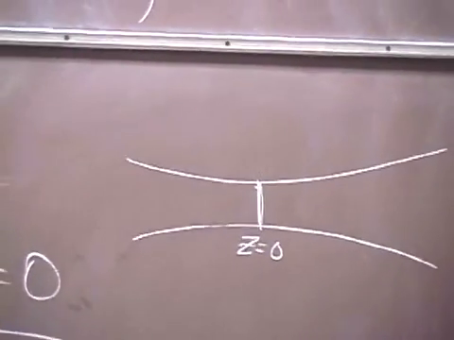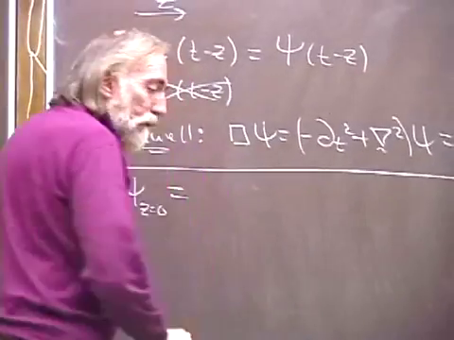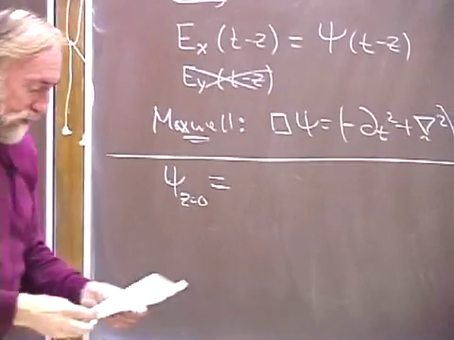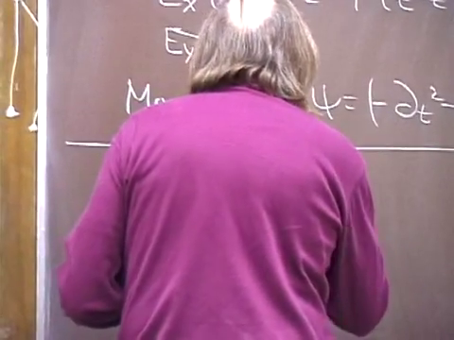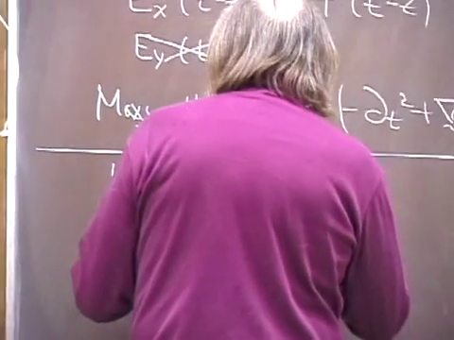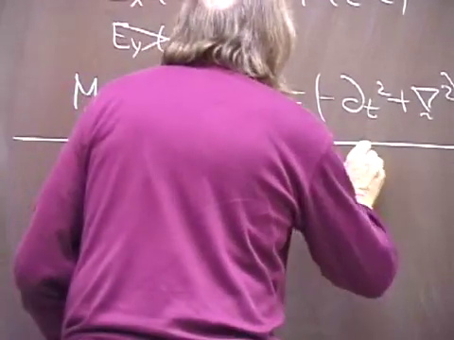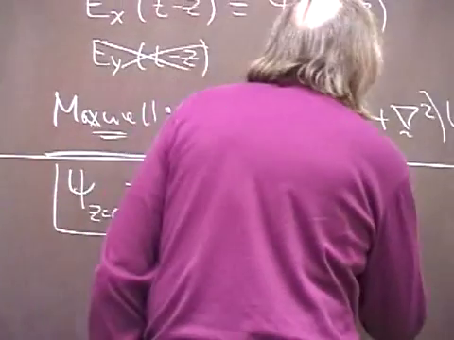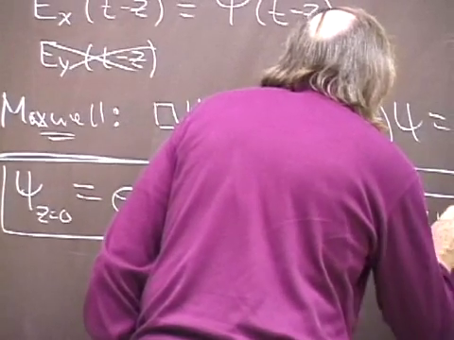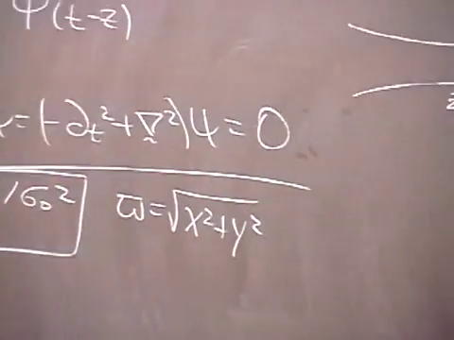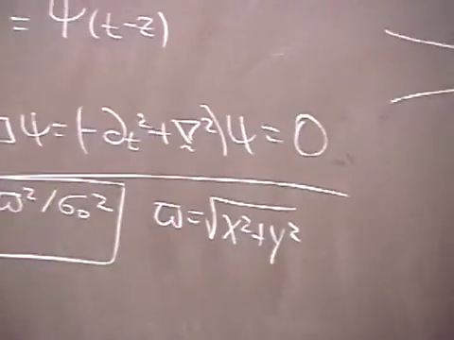Then psi at z equals 0 has a very simple form. It is just equal to e to the minus pomega squared over sigma naught squared, where pomega, I think I may have used it before, is just an astrophysicist version of x squared plus y squared. Pomega is an omega with a pi grafted onto it.